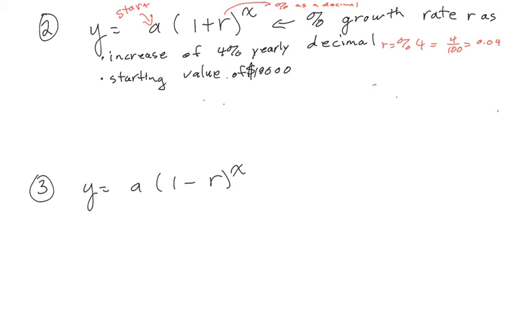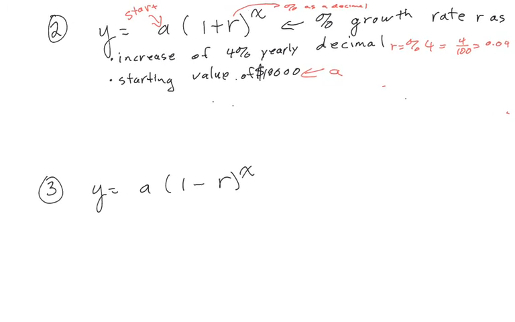The starting value is 10,000, so this is the a value in our equation. So when we write our equation, we end up with y is equal to 10,000 times 1 plus 0.04 raised to the x. That is our basic exponential growth question. So I call this the percentage growth type problem.